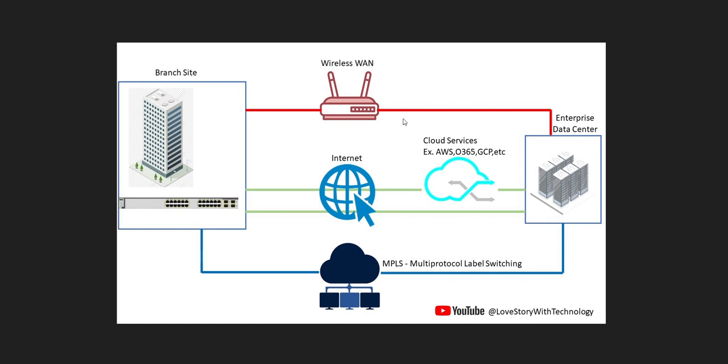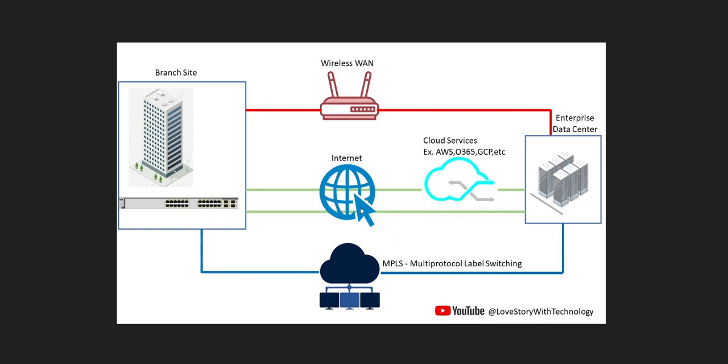So basically, you just need to understand this diagram. Here is the internet which is connected to your branch site, to your cloud services, to your enterprise data center. The second green line shows your branch site connected through the internet to the data center to access your data center, or some of the servers require update patches, like if you are using Microsoft server editions, they require the updates.